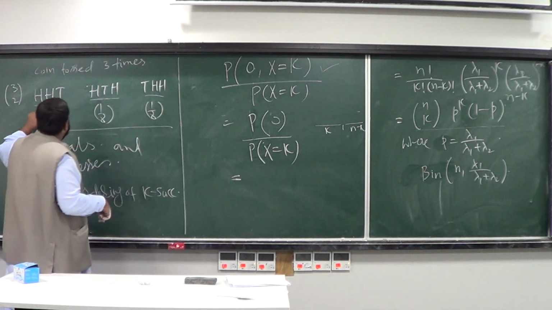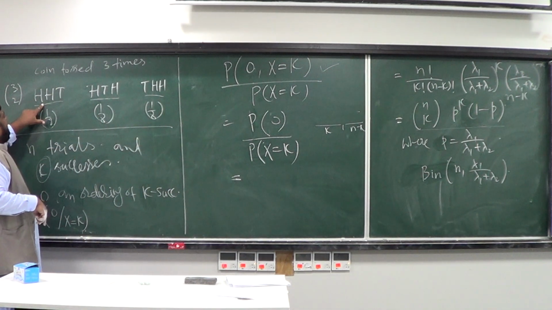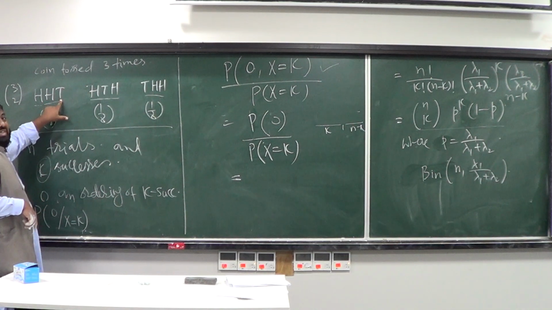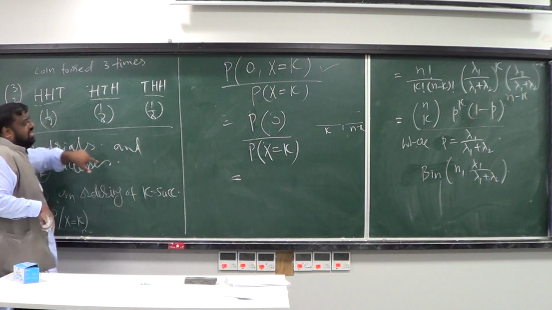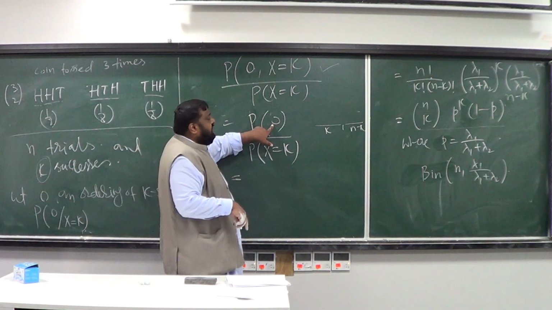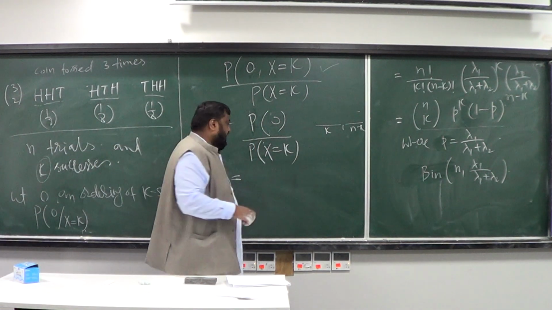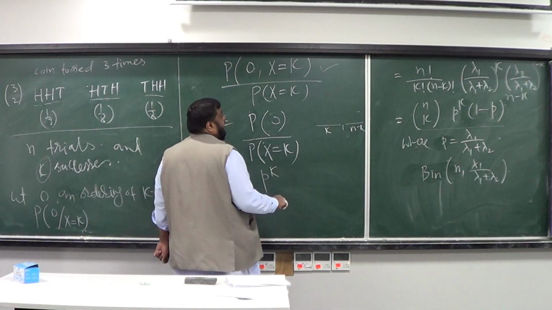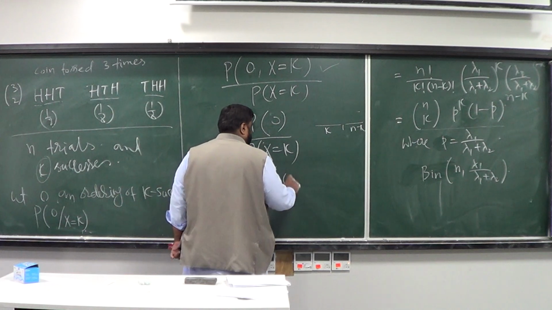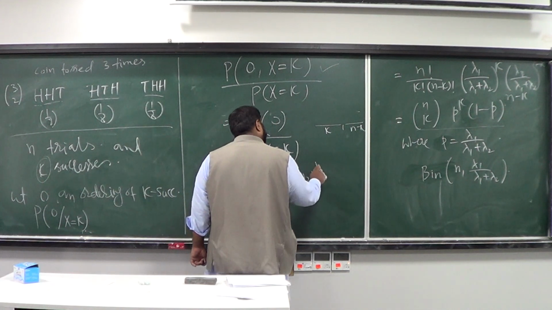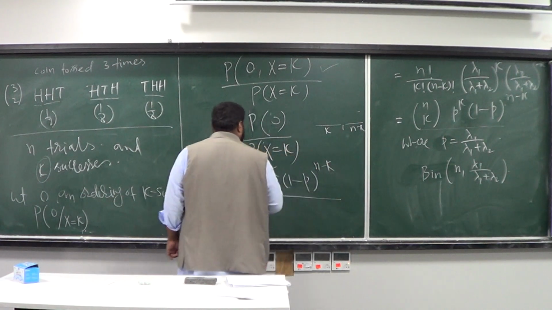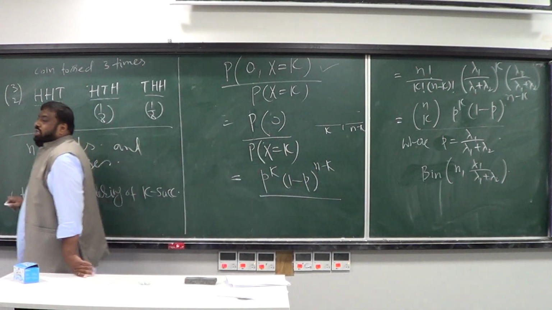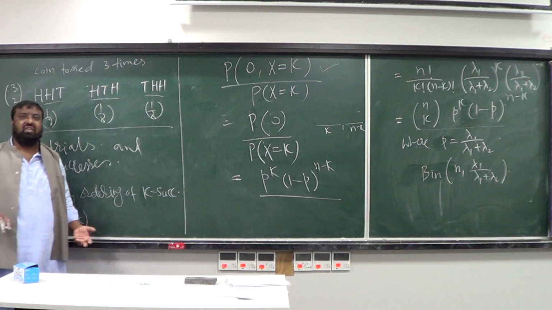So what is the probability of a fixed ordering? So just simply multiply how many heads you have and how many tails you have. So O is an ordering in which you have k successes. So this is going to be p power k. And n minus k failures, so it's going to be (1 minus p) power n minus k, divided by what is the probability of k successes?